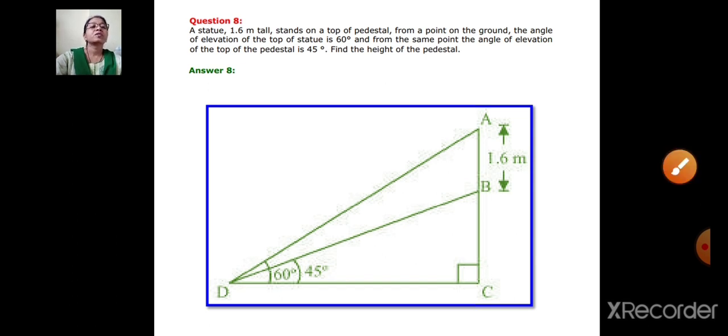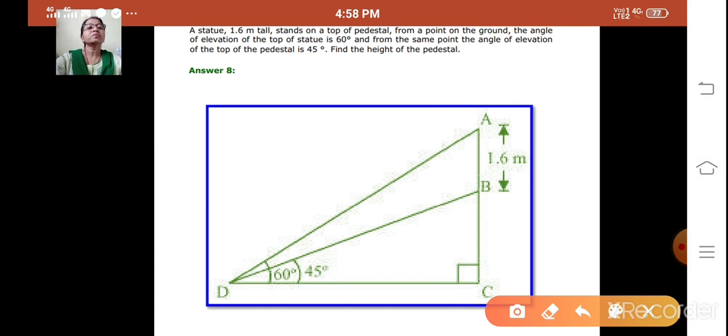Okay, so let me explain the diagram first. This is BC, that pedestal. Above that a 1.6 meter statue is standing. So AB represents the statue and BC represents that pedestal.